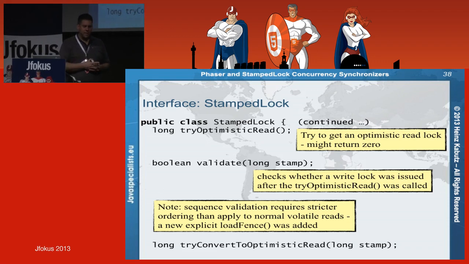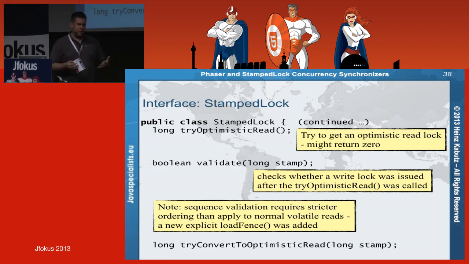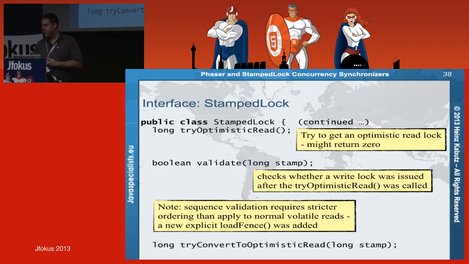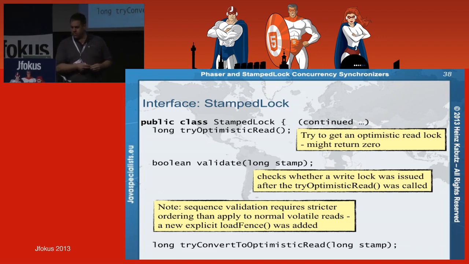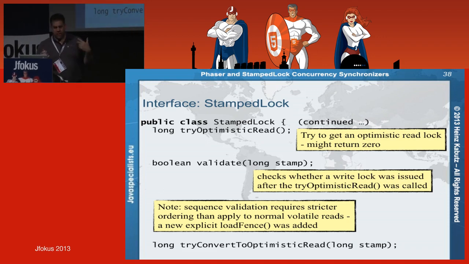But basically, as soon as you've got two fields, two variables, which in this case is a sequence number and the object which we're protecting, you actually have to have an explicit load fence. And they've added that now to the language somewhere, which location will remain undisclosed. And this allows them to write a StampedLock in order to do this.